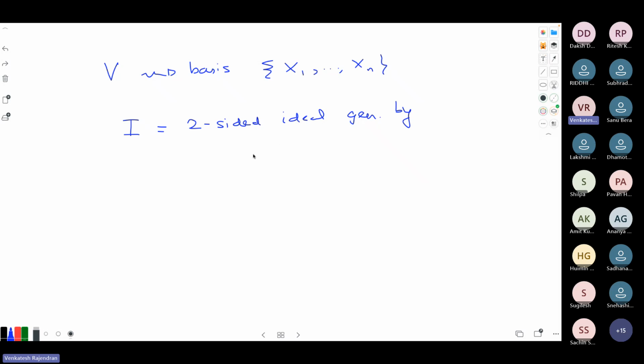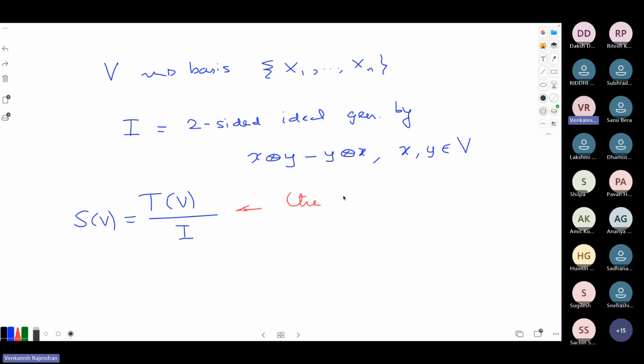So you can simply take it to be x tensor y minus y tensor x, where x and y come from capital V. If you take the tensor algebra and go modulo this ideal, that is what is called the symmetric algebra of V, which we denote by S of V. We call this the symmetric algebra.